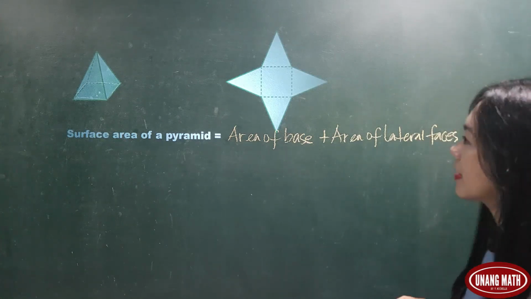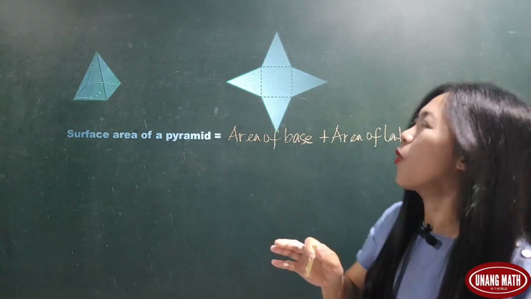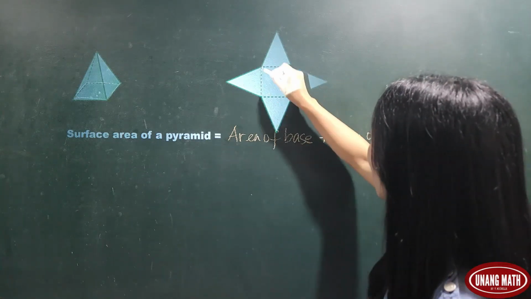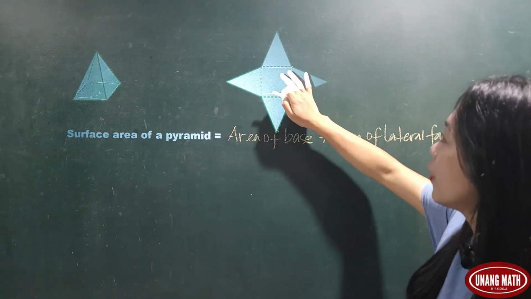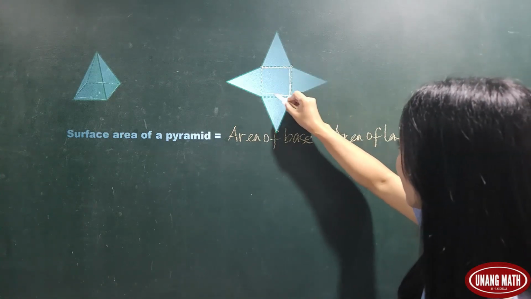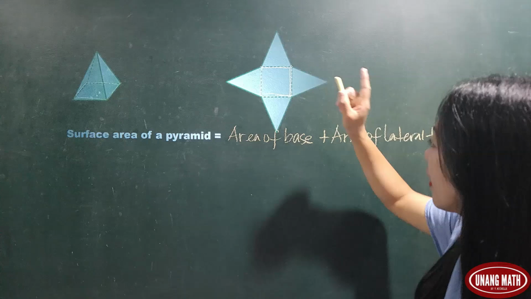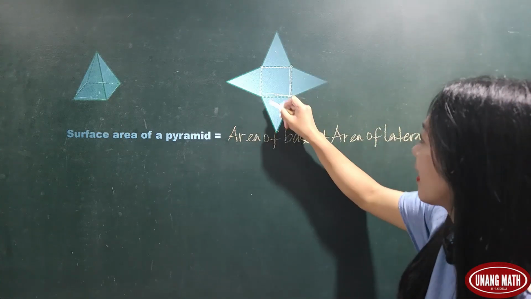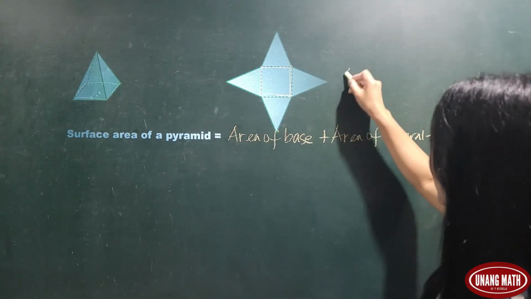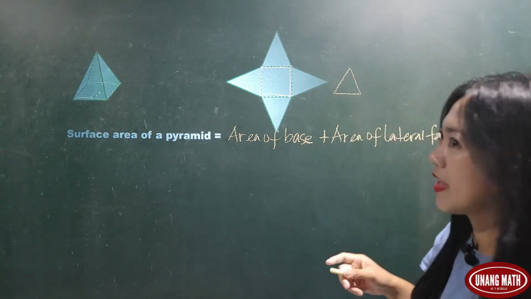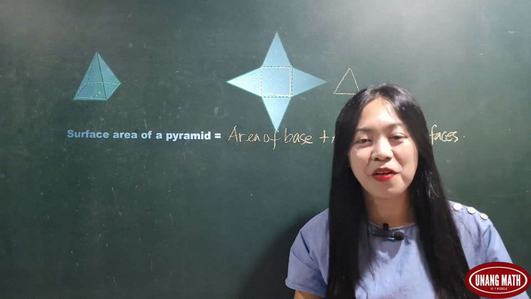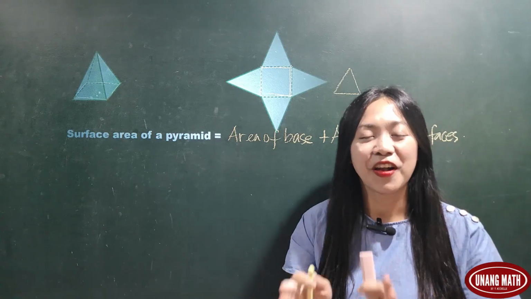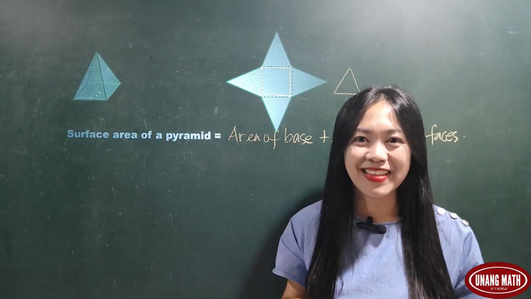The number of lateral faces is equal to the sides of the base. It means if your base is a rectangle, then there are 4 lateral faces. If the base is a triangle, then 3 lateral faces. If the base is a pentagon, then there are 5 lateral faces.